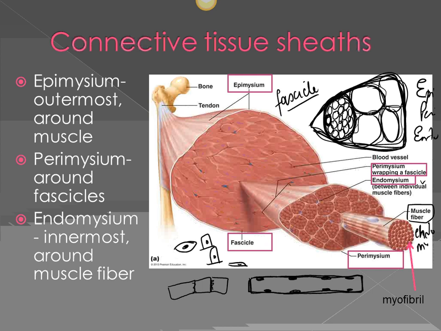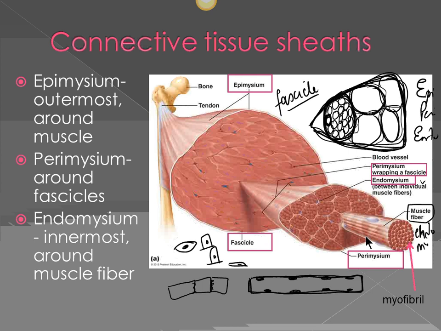Now here's where it gets a little bit more confusing. This is what you can kind of see with the naked eye. With the naked eye, you can see the whole muscle. Like I said, in the steak, you can see these bundles. You may not be able to really see individual muscle cells, but let's assume that you can.